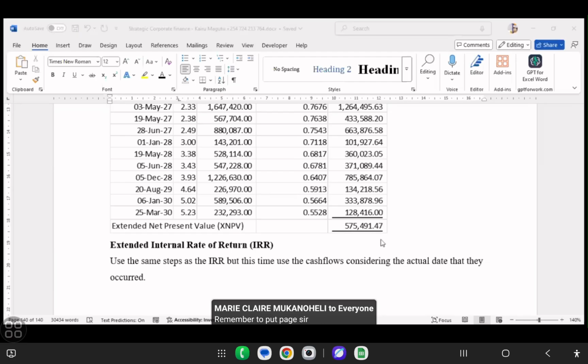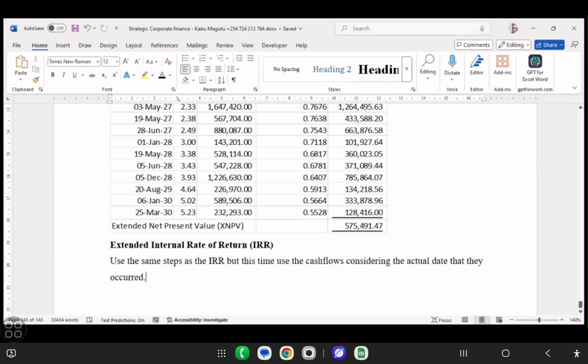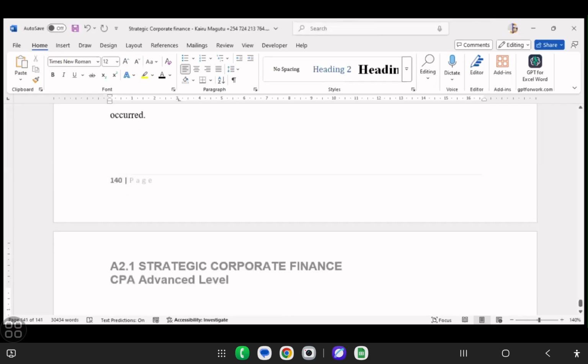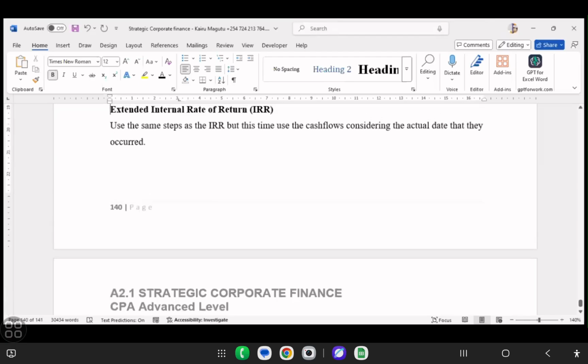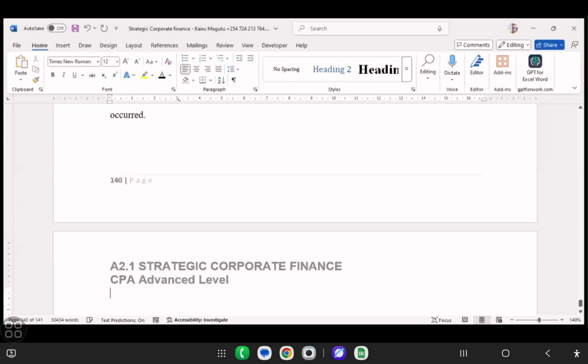That is the issue to do with the discounted cash flow method, or the method of evaluating the project viability. I want to explain something very important, and I will call it determining the cash flows for project evaluation.